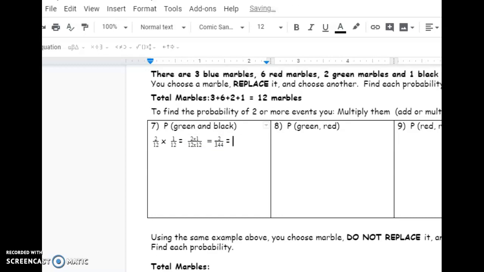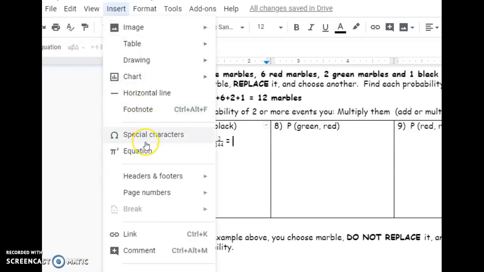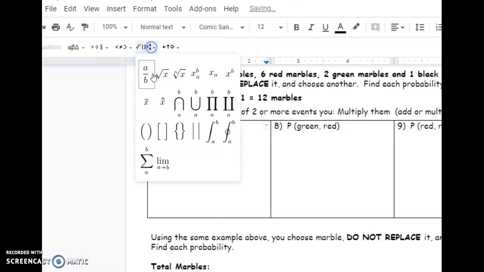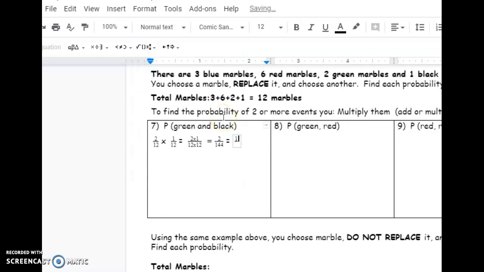So we're going to simplify by 2 in the numerator and the denominator, because 2 divided by 2 gives me 1, and 144 divided by 2 is 72. So 1 over 72 is the probability of getting green and black, because there are 72 total choices.